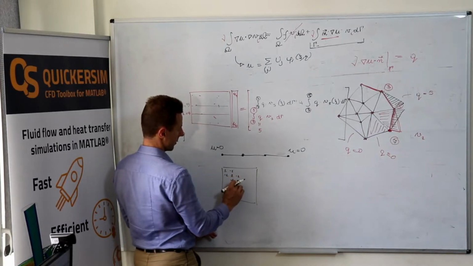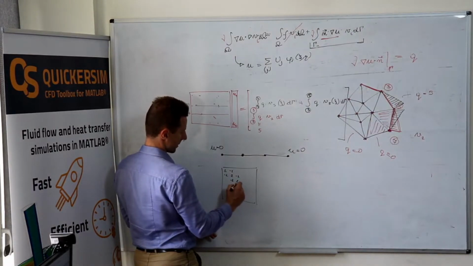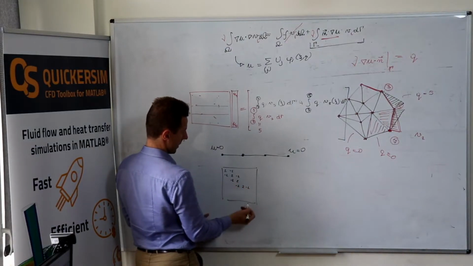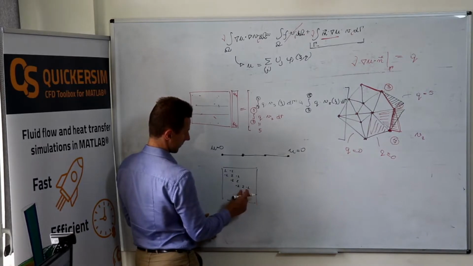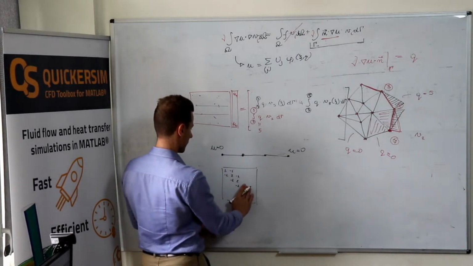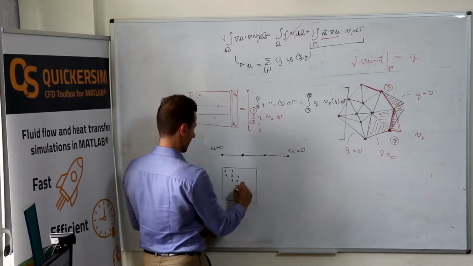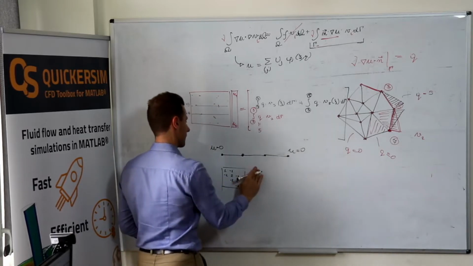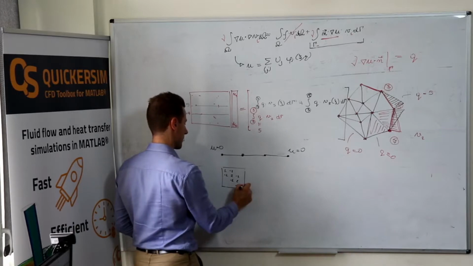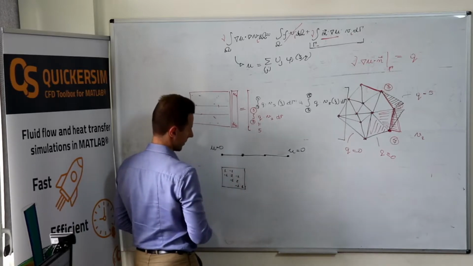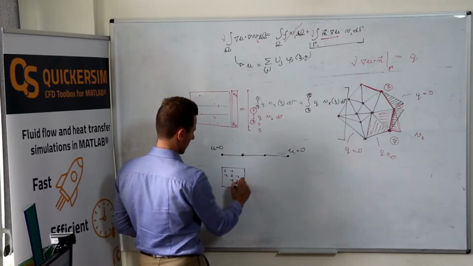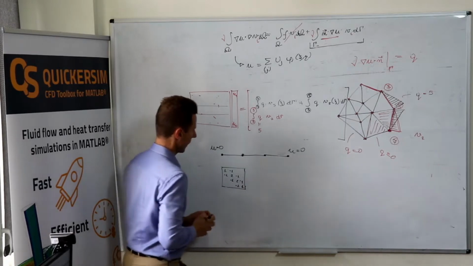Then 2, minus 1. This is 1, minus 1, minus 1. I think this is the end of the matrix because you've got 4 points and here is 1. Yes, exactly. That's correct. And you missed minus 1 in the lower right corner. Yes, here exactly. Okay, that's good.